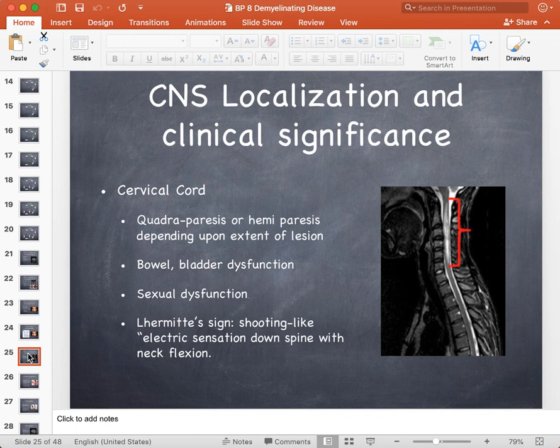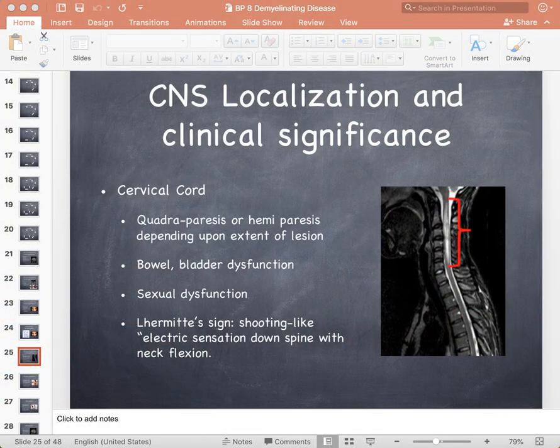In multiple sclerosis as well as in neuromyelitis optica, we very frequently can see demyelinating attacks that involve the spinal cord, and it can result in all sorts of problems, including quadriparesis, hemiparesis, bowel and bladder dysfunction, sexual dysfunction, and in particular Lhermitte's sign, which is when you ask someone to just flex their chin down to their chest, they get a lightning-like sensation that goes up and down the spine. And do we have a mechanism for how that is? Dorsal column involvement? What is the reason for that?